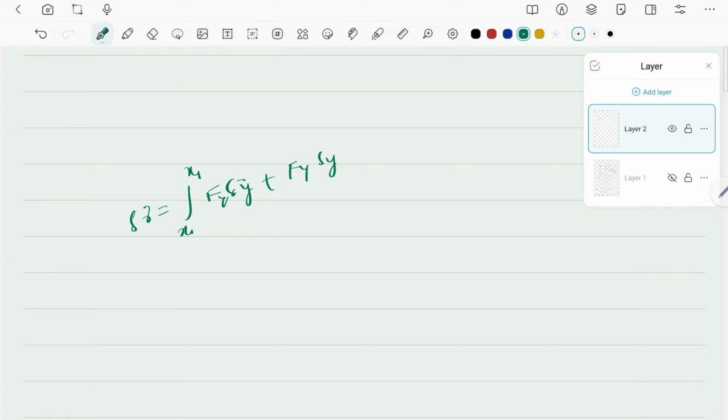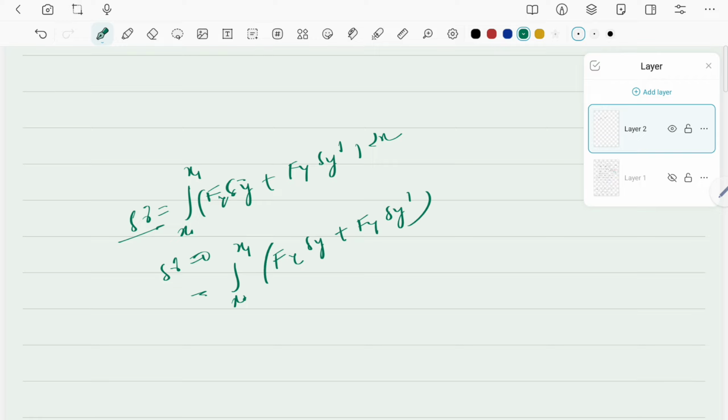Since delta gamma is equal to 0, the integral from x0 to x1 of fy delta y plus fy dash delta y dash, into dx is equivalent to 0.